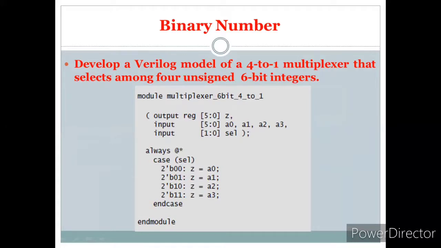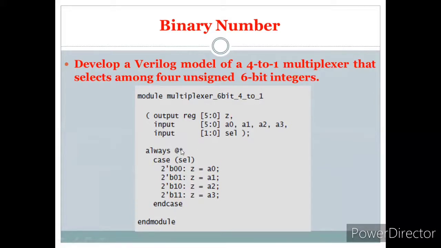It means the 4 to 1 mux has 2 select lines and 1 output, but the 4 inputs are 6-bit integers, so they should be represented as 5:0. In the program, in the 6-bit 4 to 1 multiplexer, the output register is 5:0 because it is a 6-bit integer. Inputs are 5:0, A0, A1, A2, A3, and the input select lines, because there are 2 select lines.